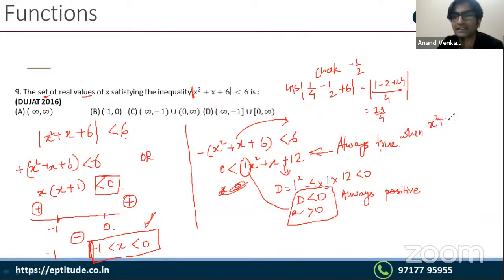When x square plus x plus 6 is less than 0, right? तो ये कंडीशन होगी मॉड के लिए, x स्क्वायर प्लस x प्लस 6 इज लेस देन 0. अगर इसका d नेगेटिव है तो दिस इज नेवर ट्रू, व्हिच मींस यहां से कोई सॉल्यूशन मिलेगा ही नहीं. So the solution set here should be -1 to 0, hence option B.